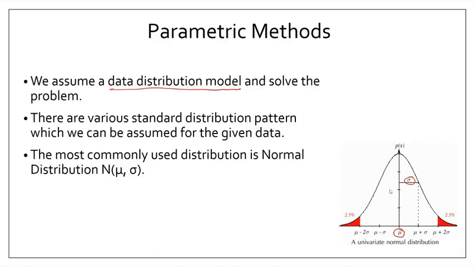If I compute mu and the standard deviation sigma, or variance, I can find any kind of probability based on these two numbers. The most common of these is the normal distribution.